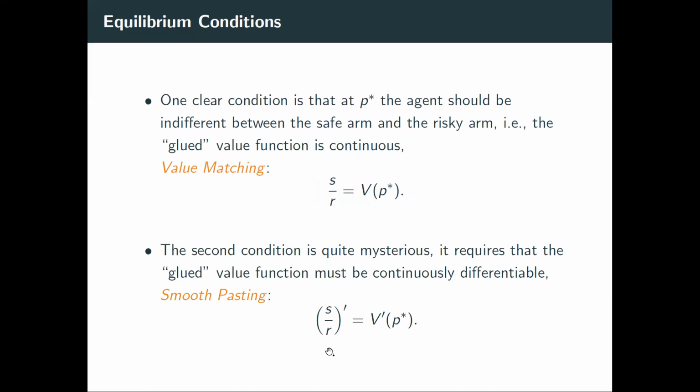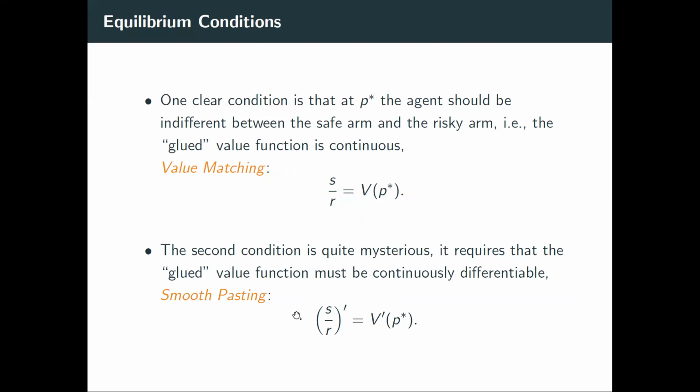That is, the derivative from the left of P star should be equal to the derivative from the right of P star. It's more mysterious, actually, why it's satisfied, and even I don't understand it to full extent all the time. But, you know, no one cares, and everyone always uses it.